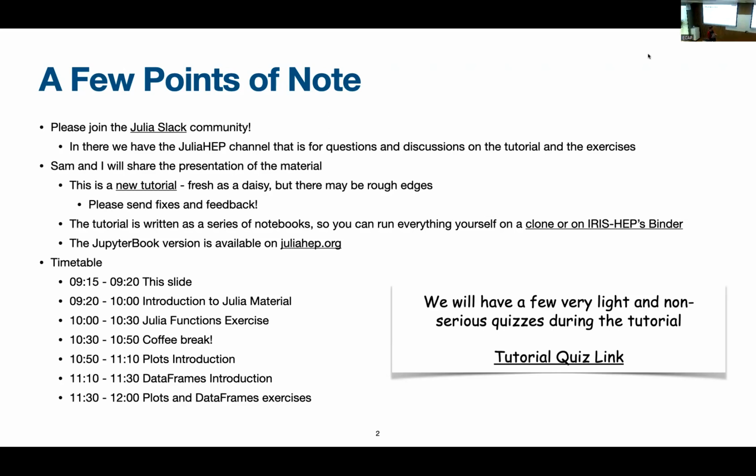For most people, you should have something that works. It's also wired in to produce a set of web pages from the tutorial, which is how I'll do the presentation this morning. That version is available on juliahep.org, so you can follow that link and you'll find the tutorial there.